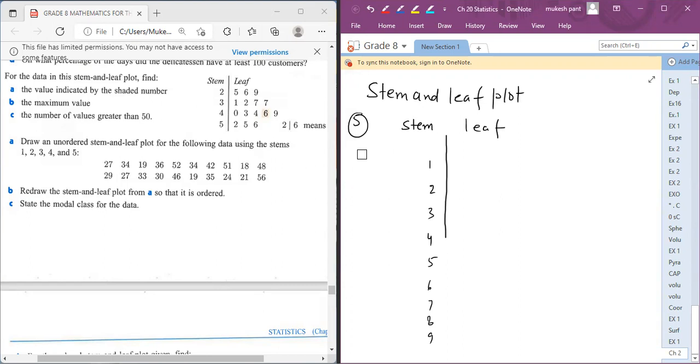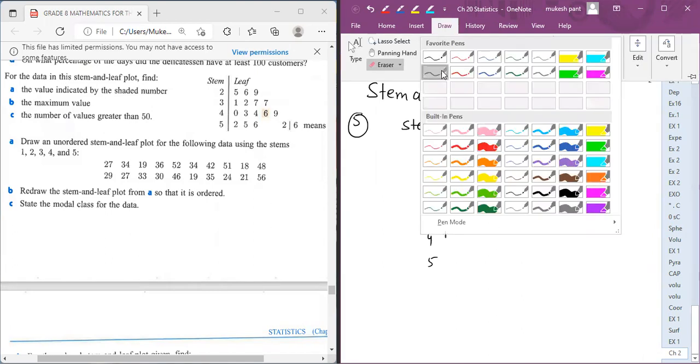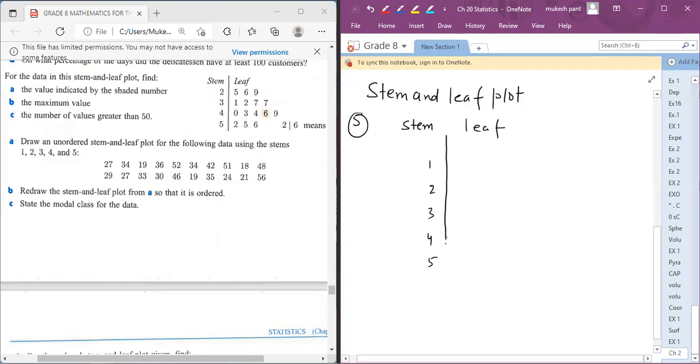The smallest is 19, so we need stem 1, 2, 3, 4, 5. Five is the maximum, so we don't need to write 6, 7, 8, 9. Only these stems, 1, 2, 3, 4, 5.